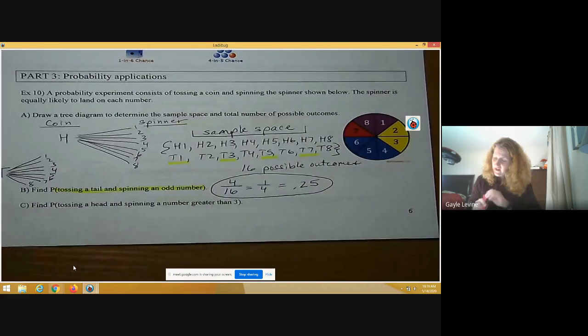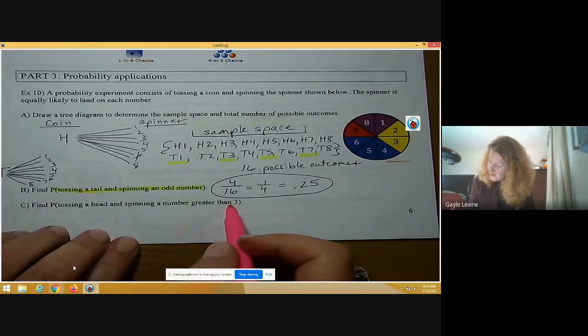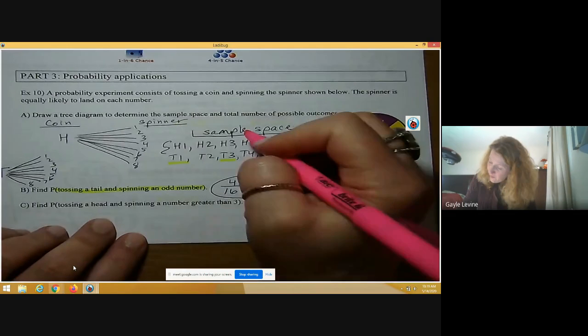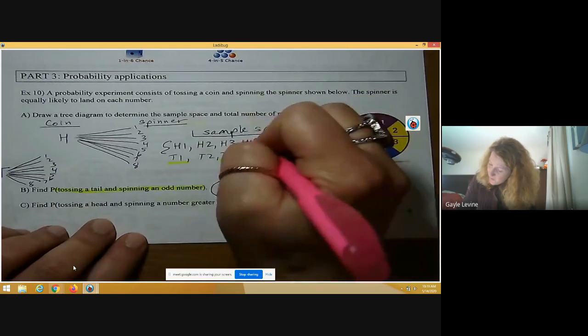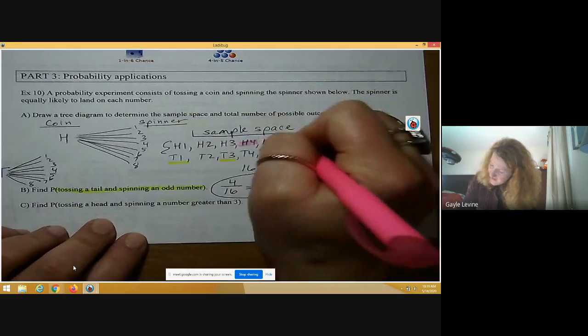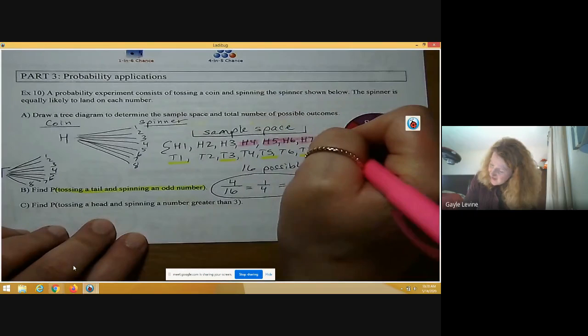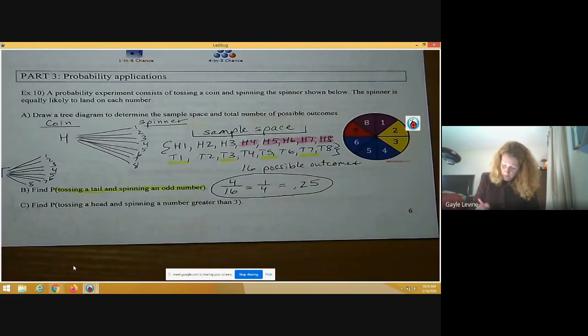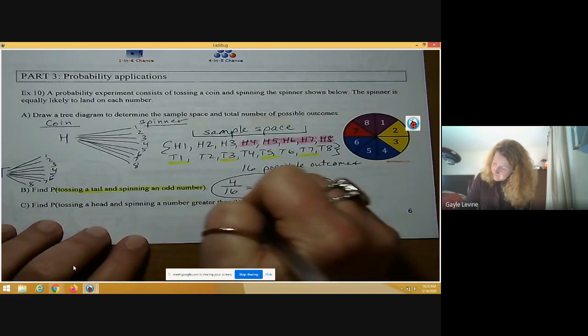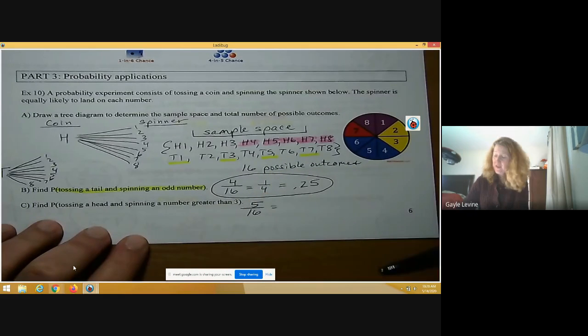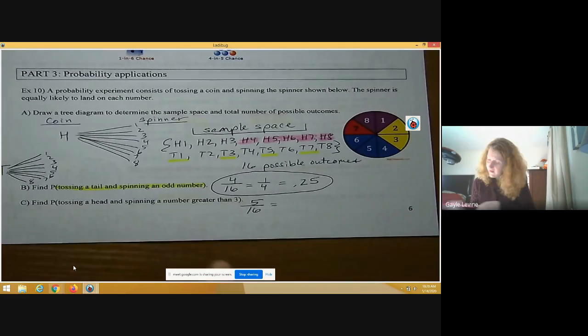Okay, the next one, find the probability of tossing a head and spinning a number greater than 3. So greater than 3 would be each 4, 5, each 6, each 7, each 8. So now there are 5 ways that that could happen out of the 16. Okay, so I'm going to do, and that was in pink.